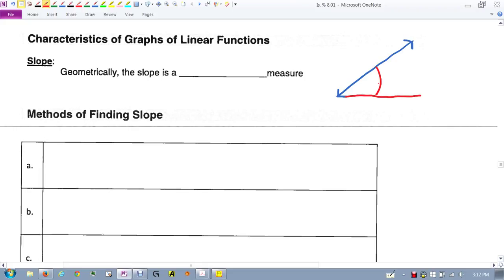What is that a measure of? You'd probably say an angle, right? The slope is an angle measure. But let's just say angle, okay?